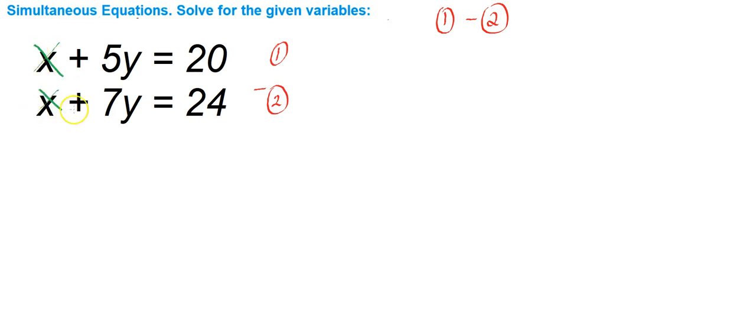It cancels out. There's no more x's. We have positive 5 minus positive 7. So that's 5y minus 7y, which is going to equal minus 2y. So let's put that down. And on this side, we've got 20 minus 24. So that's going to be minus 4.